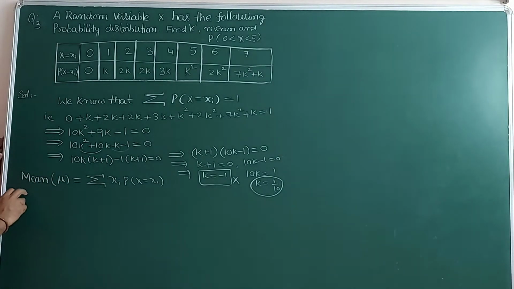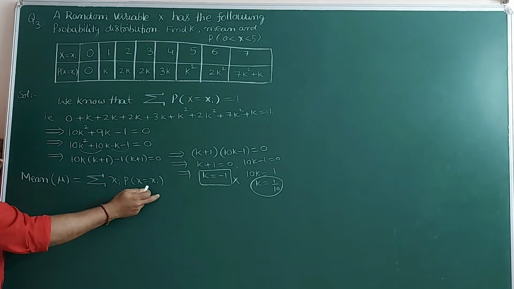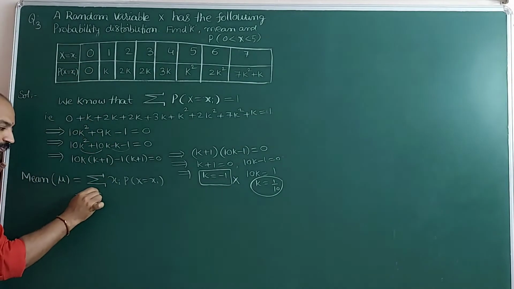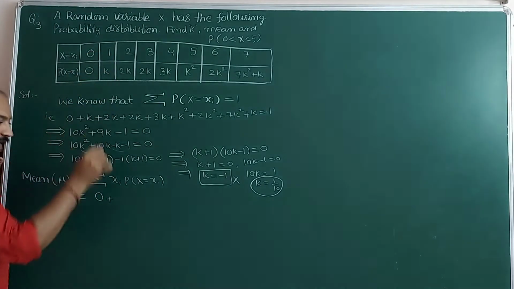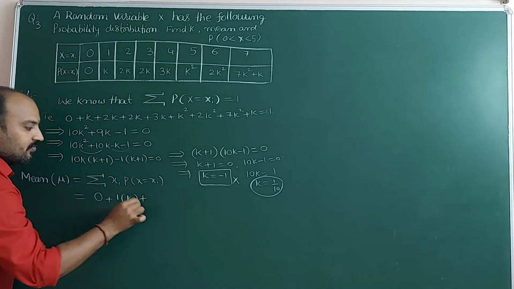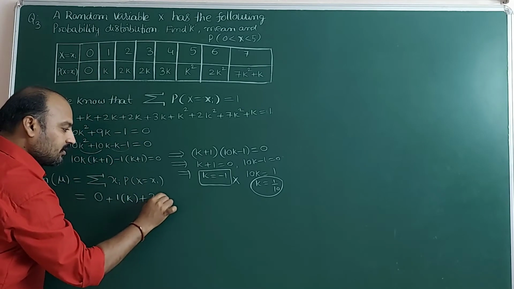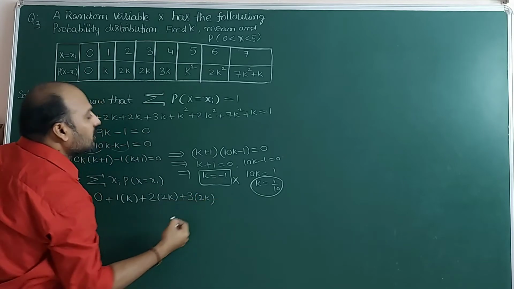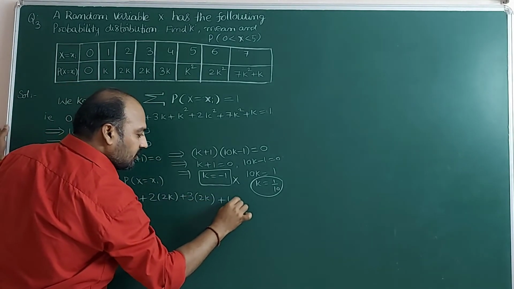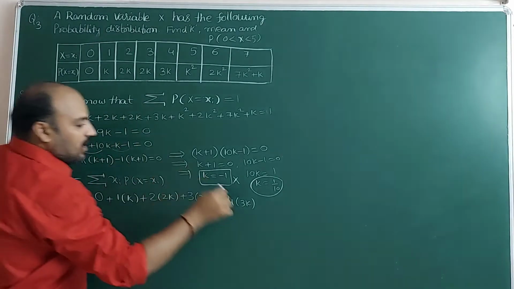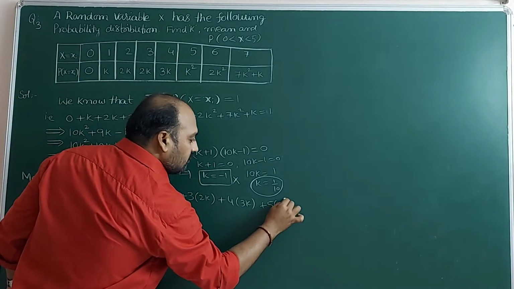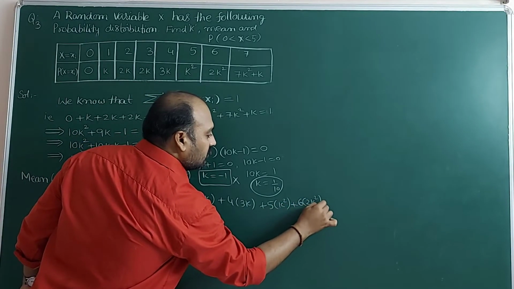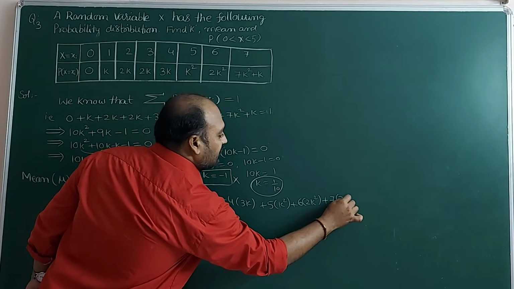Next step, the mean of the random variable. We know the formula: sum of xi into probability. 0 into 0, 1 into k, 2 into 2k, 3 into 2k, 4 into 3k, 5 into k square, 6 into 2k square, plus 7 into 7k square plus k.